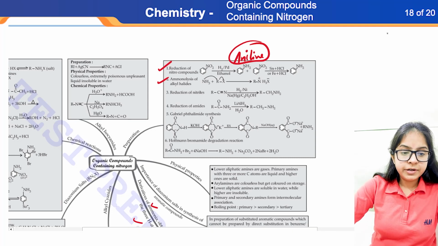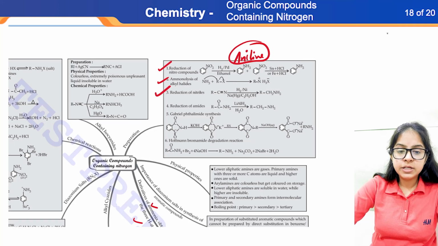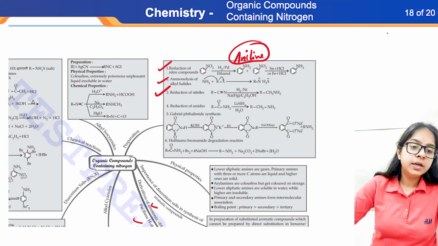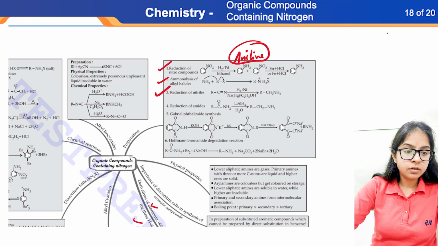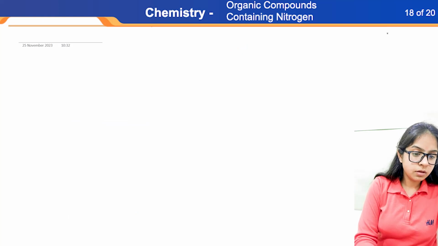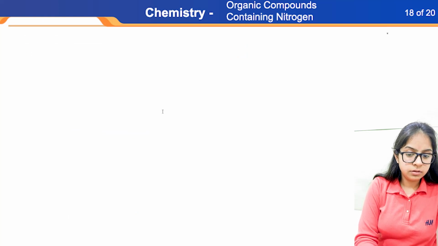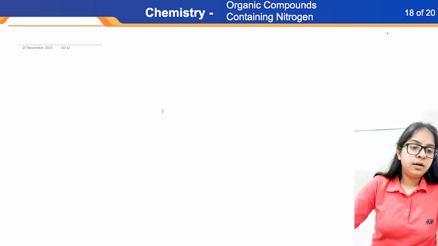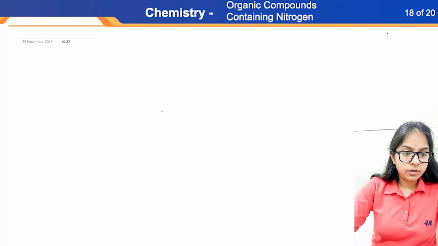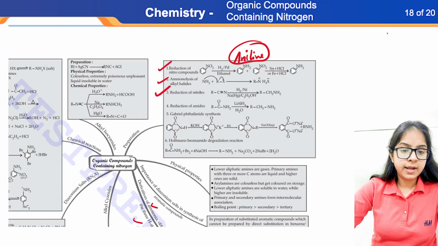Now after that, reduction of nitriles. Reduction means the addition of hydrogen by the removal of these triple bonds. This triple bond is going to convert into a single bond, and hydrogen gets attached to it. Now, what is this? The reduction of nitriles.